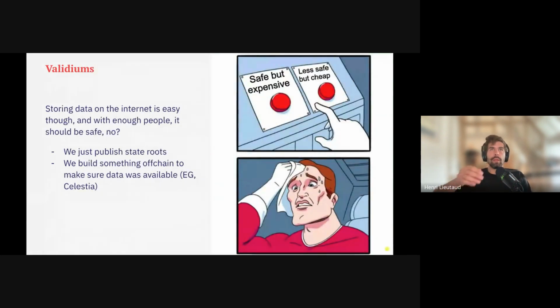The other option is what is called Validium. Instead of publishing data on chain, why do we need to be paranoid about it? Maybe instead of having just one sequencer, the risk is what? If the sequencer loses the data, then everything is lost. It's not like storing data is that difficult of a deal, right?